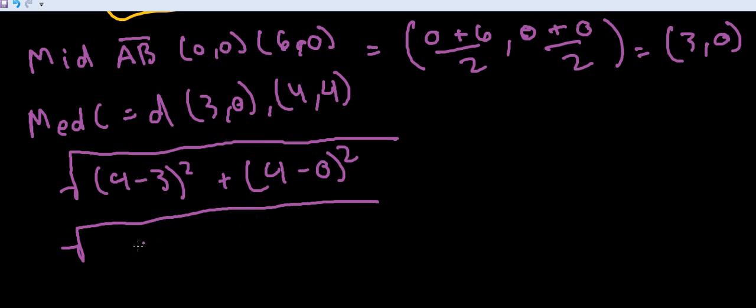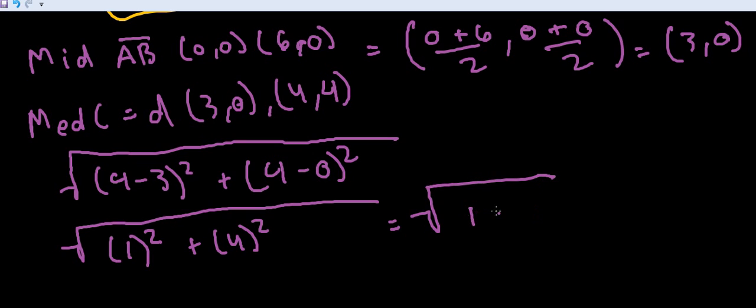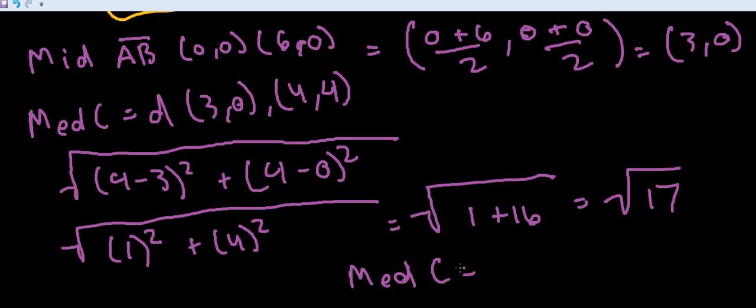We simplify that: 1 squared plus 4 squared, which is 1 plus 16, which is the square root of 17. So the median of C is equal to the square root of 17.